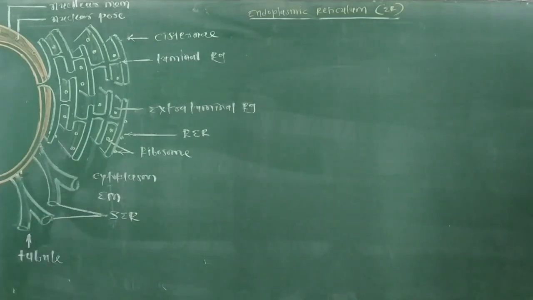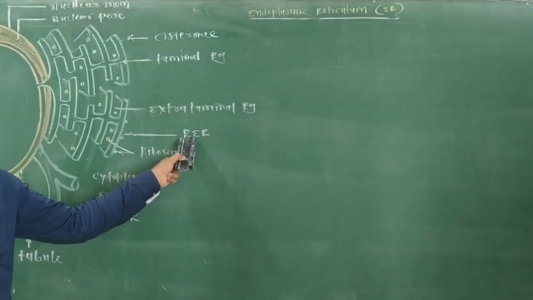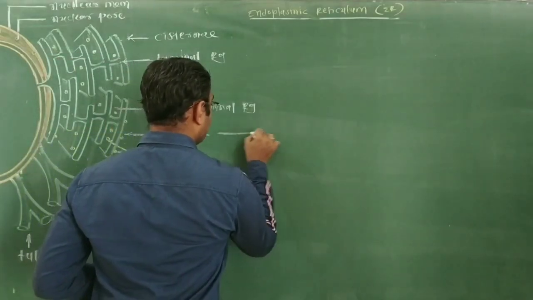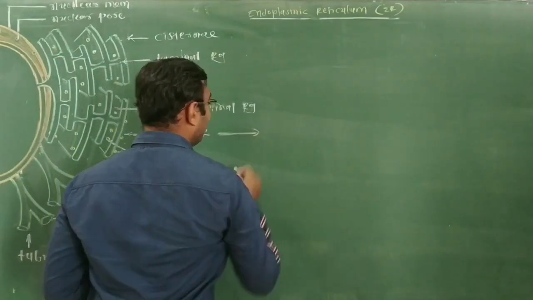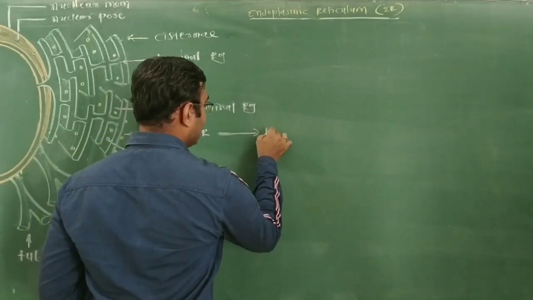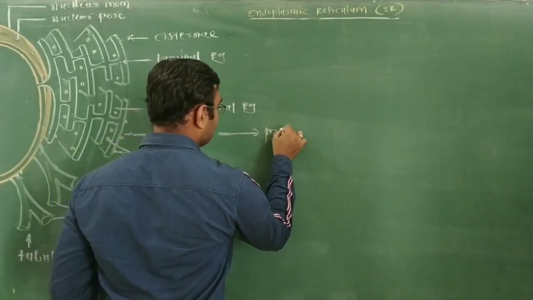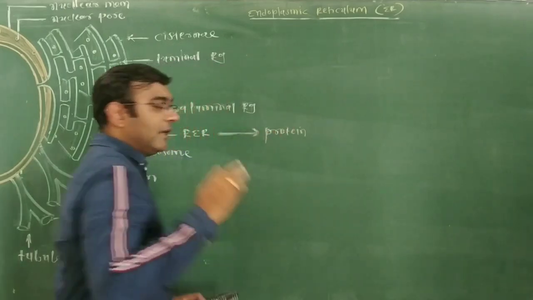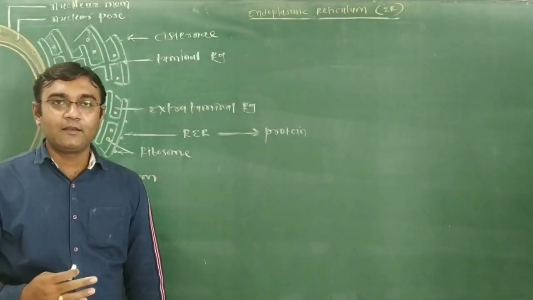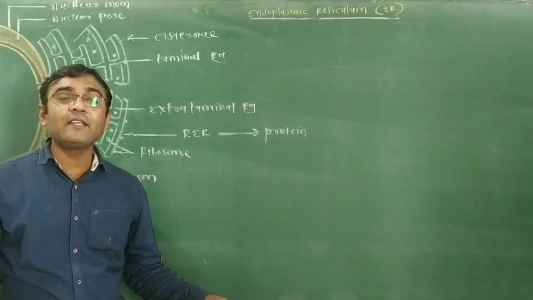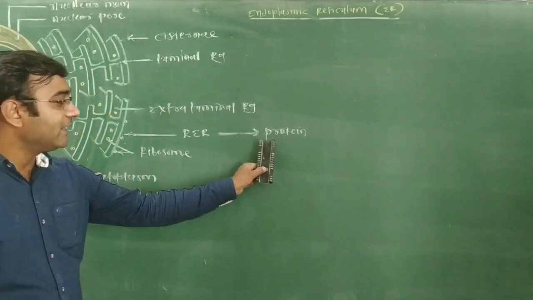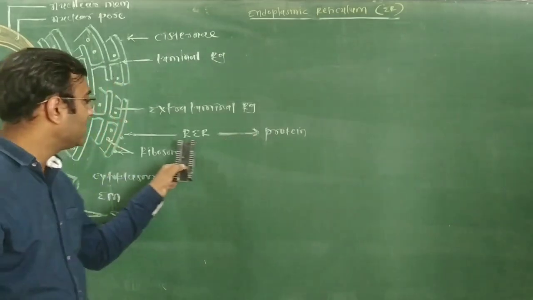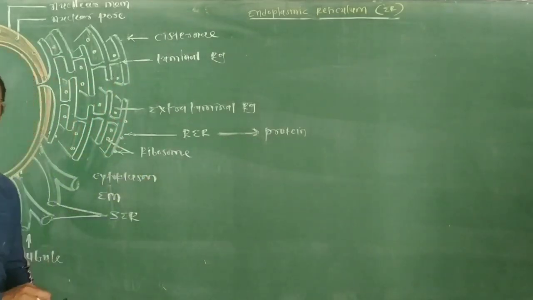Now the function of RER. Rough endoplasmic reticulum synthesizes and secretes protein. It means those cells which actively synthesize and secrete, that is release, protein are rich in rough endoplasmic reticulum.